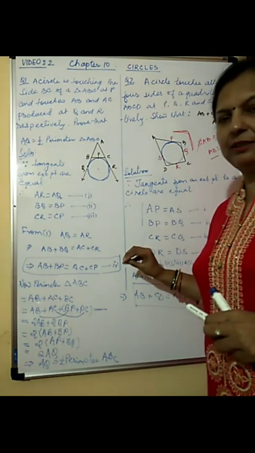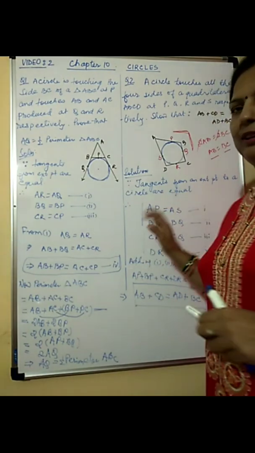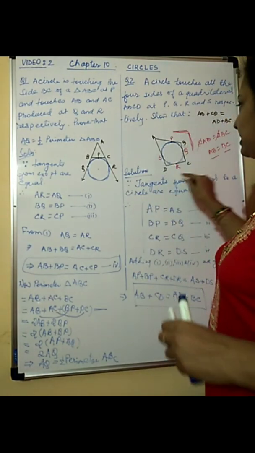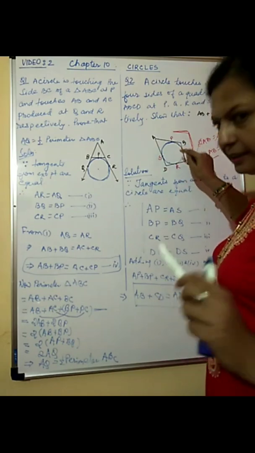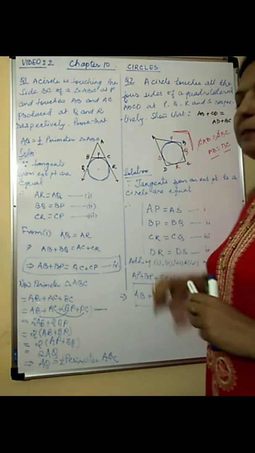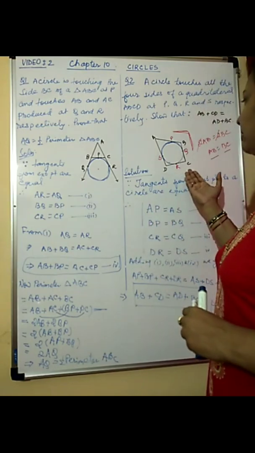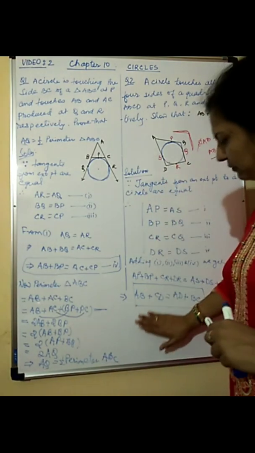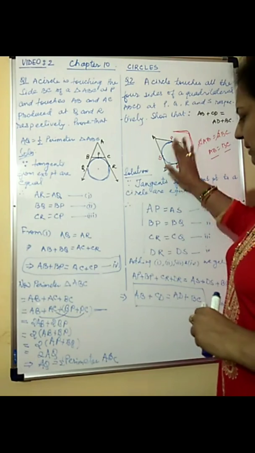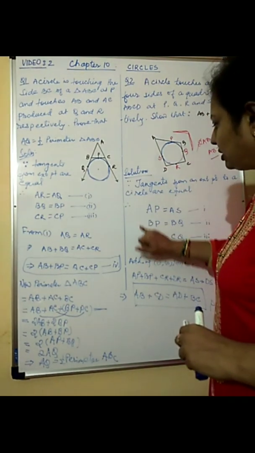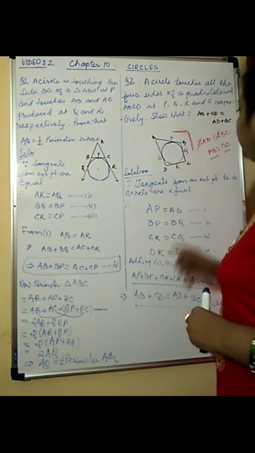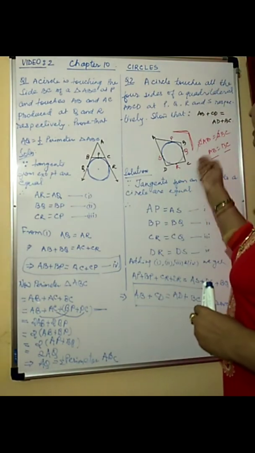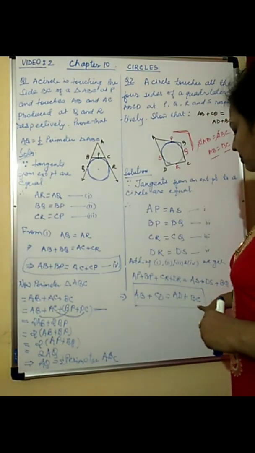If the question given is that ABCD is a parallelogram touching a circle at 4 points like this, then show that ABCD is a rhombus. You have to do this part. Up to this part, the method remains the same. So this entire step you have to do, and then you say that in a parallelogram, AB is equal to CD and AD is equal to BC.